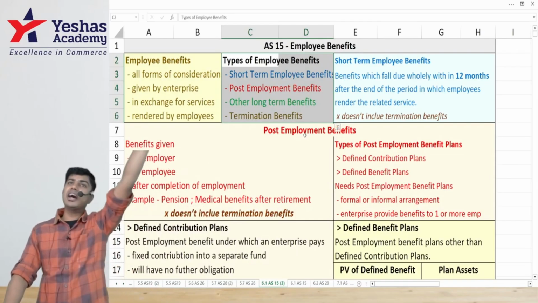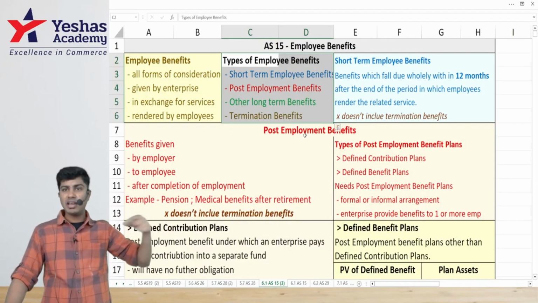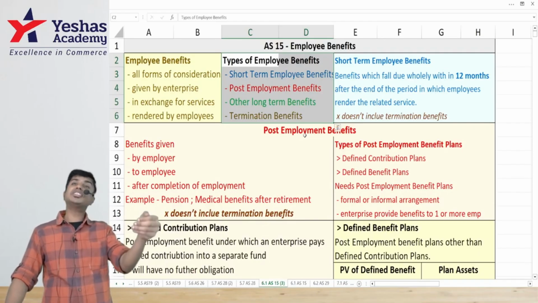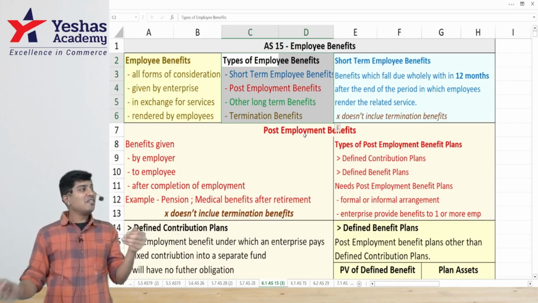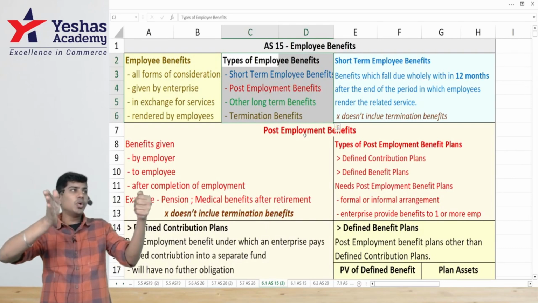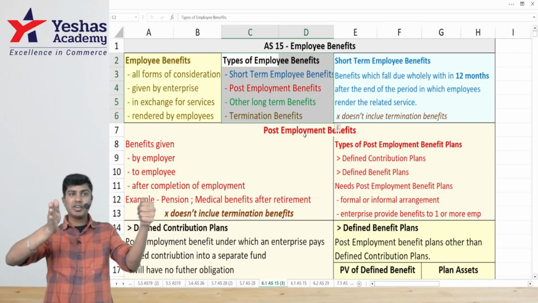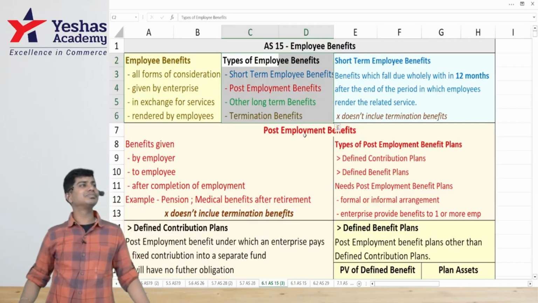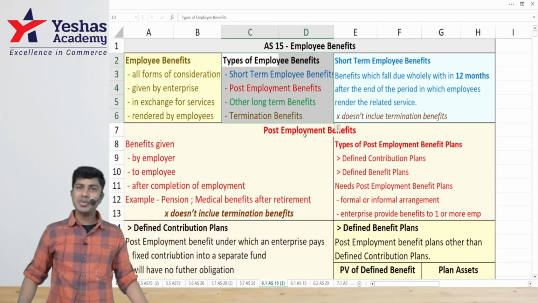Next year Deepavali is October 2026. I am giving you service in September 2025. Year ends on 31st of March 2026. Within 12 months is till 31st of March 2027. Are you going to pay me money before 31st March 27? Yes. Is it short term or long term? Short term. Are you getting it?